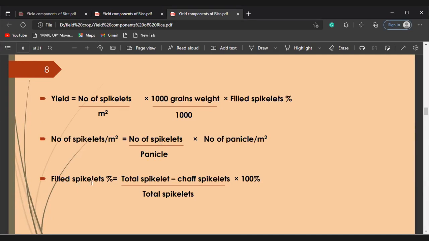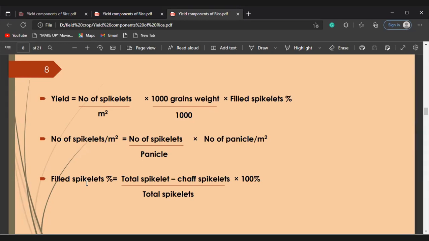Then the filled spikelet percentage. We already discussed that in the spikelets there are chaffy ones and filled ones. The filled percentage can be determined by total minus chaffy. If the total is 1000 and chaffy is 500, we reduce 1000 minus 500, then divide over total spikelets, which is 1000.